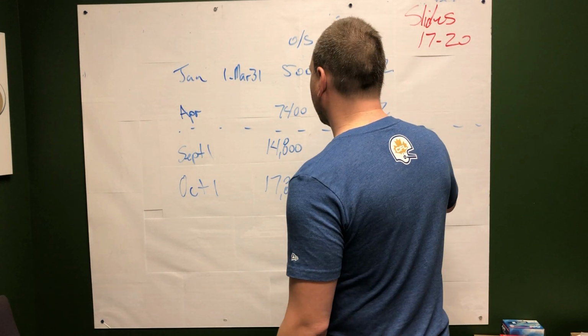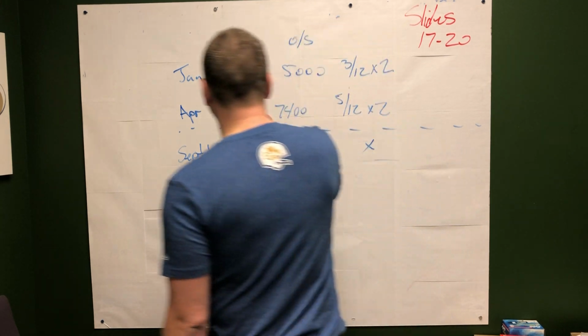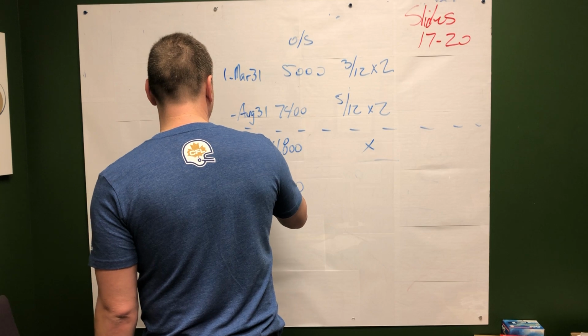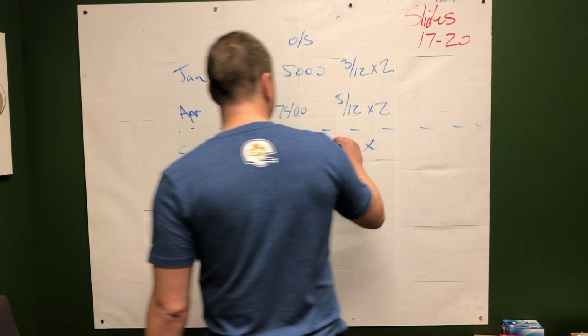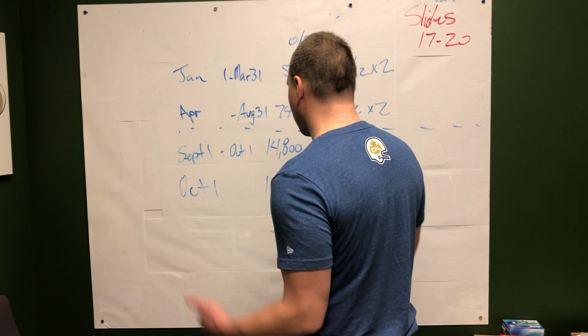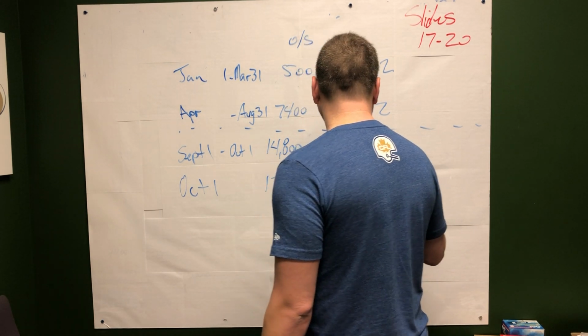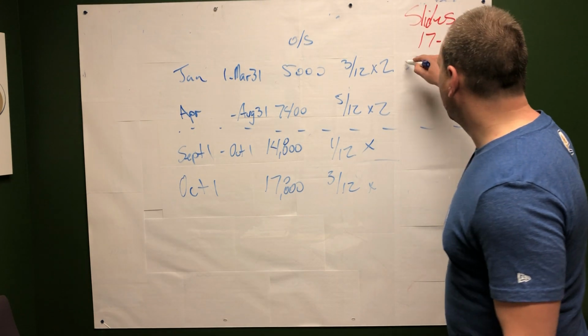Okay. So now we can close this off. This was to August 31. So this will be for 1/12, and August, September, October, November, December, 3/12. So again, we're going to cross multiply all this.